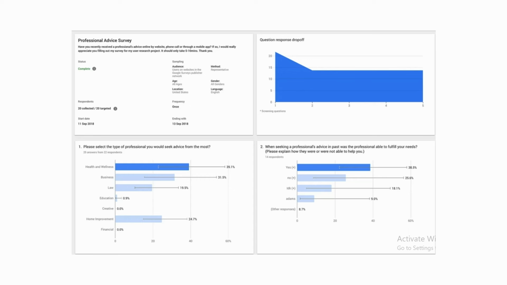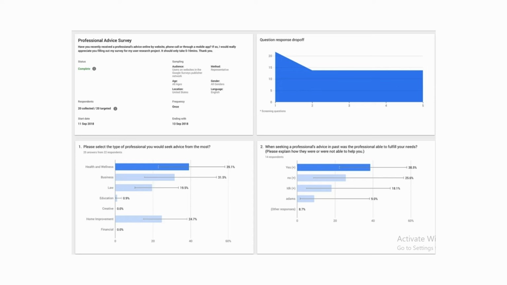The second specific question was, when seeking a professional's advice in the past, was the professional able to fulfill your needs? Please explain how they were or were not able to help you, right? Typically 38.5% said they were satisfied with their experience, but you have a fairly high number, 25.6%, who were not very satisfied, right?